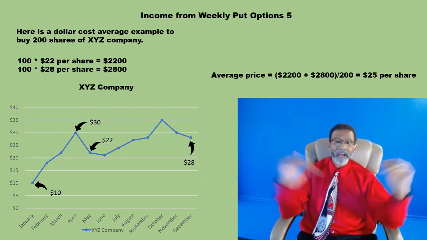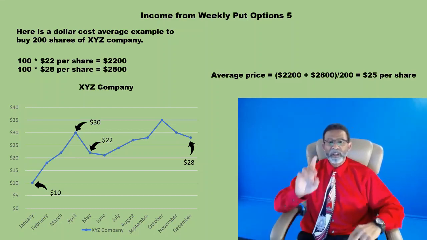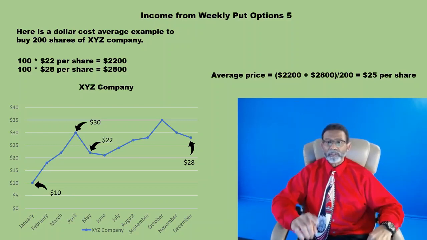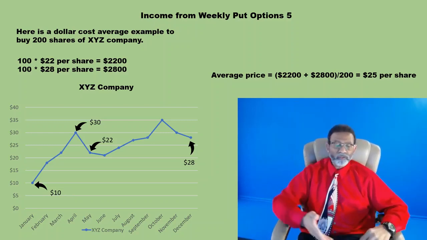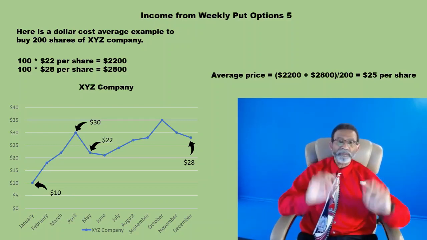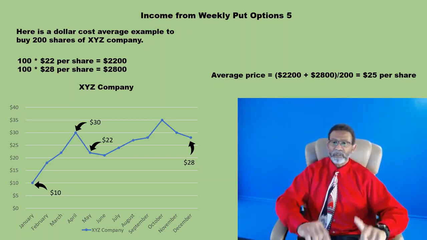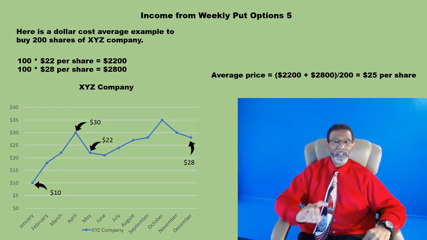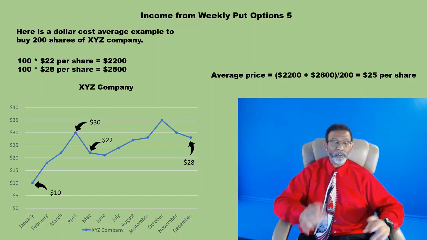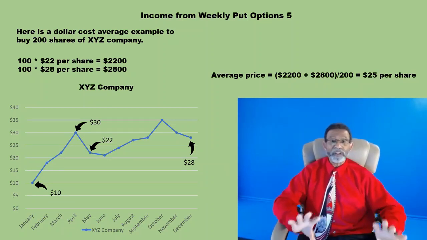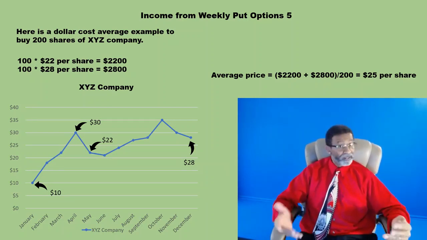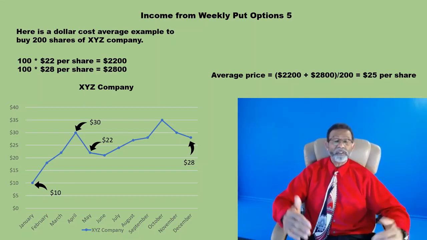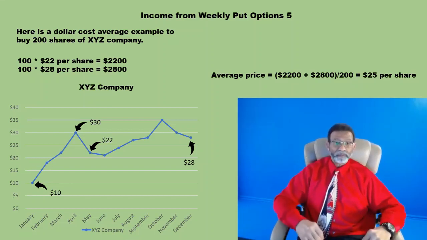So you're dollar cost averaging with put options. So 2,200 plus 2,800 divided by 200, because remember that each option is 100 shares. Now we have an average price per share of $25 per share. So this is a very good example of literally dollar cost averaging selling put options.